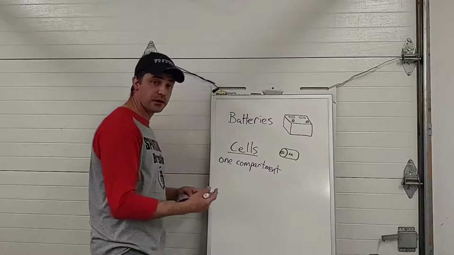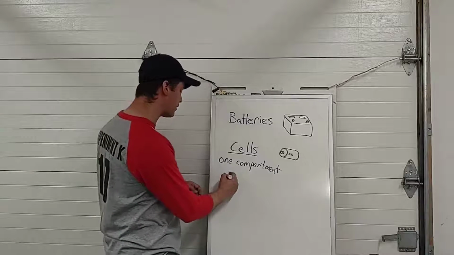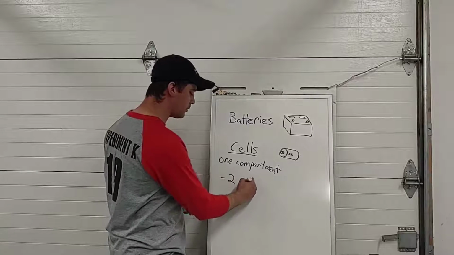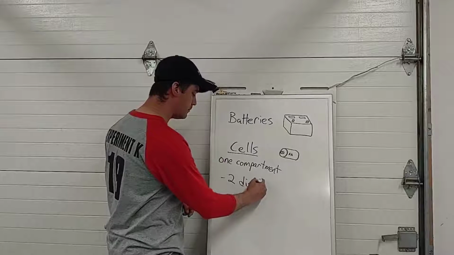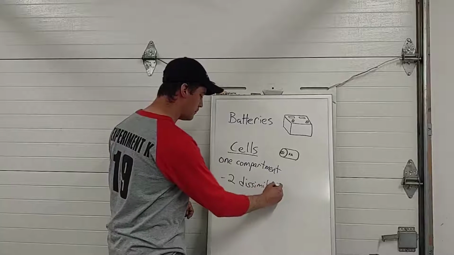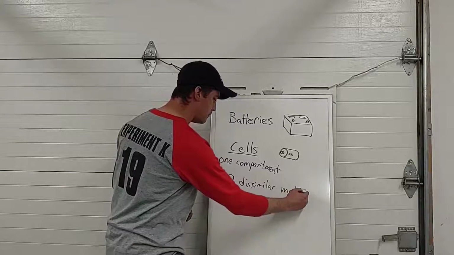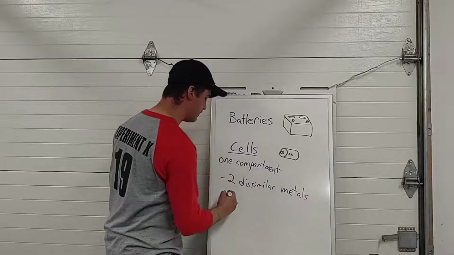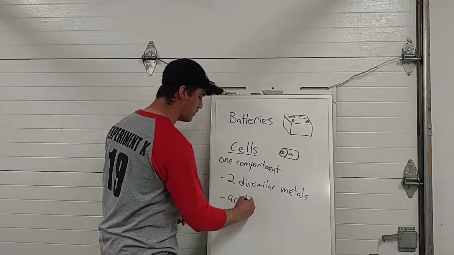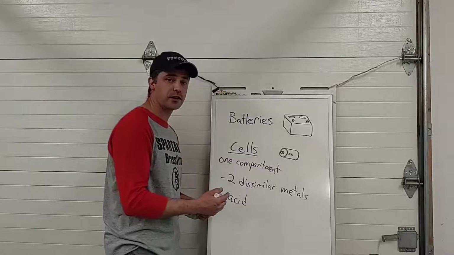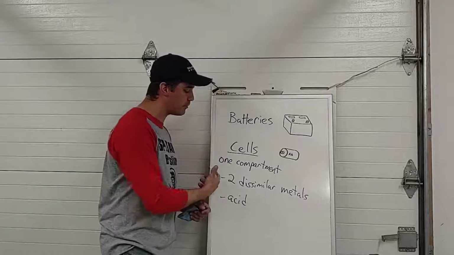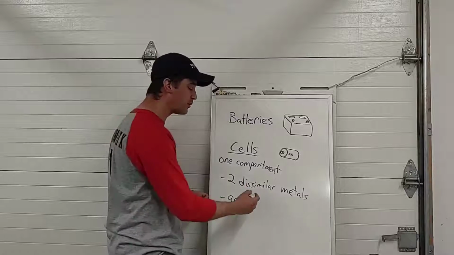In that compartment we're going to find a few key things: two dissimilar metals, and an acid. The acid is going to function as an electrolyte. Basically it's going to make it possible for electricity to flow inside the cell.